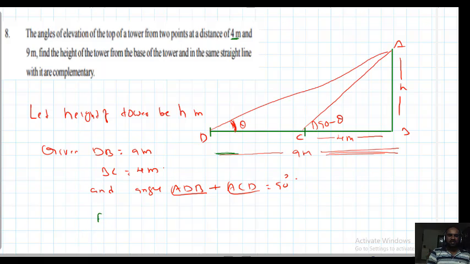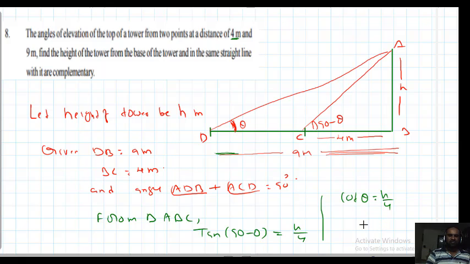From triangle ABC, tan of 90 minus theta equals H by 4, that is cot theta equals H by 4.